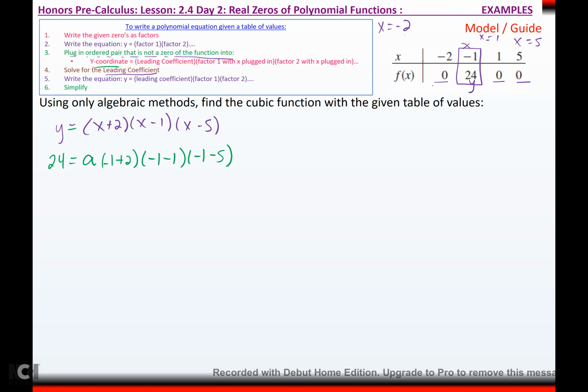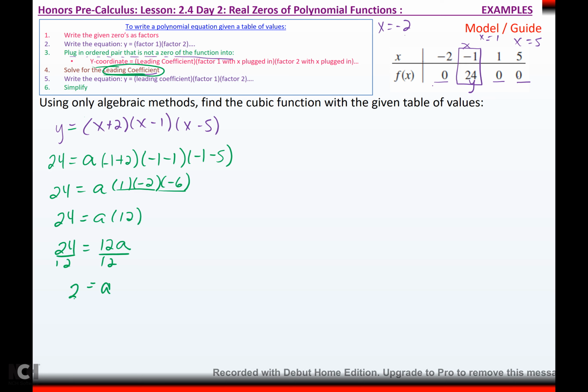Okay, and I'm going to solve this thing for the leading coefficient, for a. So I'm going to have 24 equals a, -1 plus 2 is 1, -1 minus 1 is -2, -1 minus 5 is -6. That is going to give me 1 times -2 is -2 times -6 is 12. That is going to give me 12a, divide by 12, and I get a equals 2.